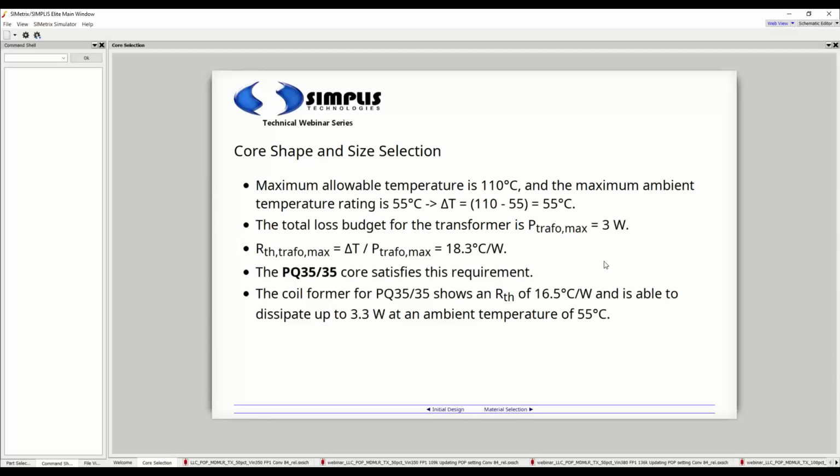Since the total loss budget for the transformer was 3 watts, we get a required thermal resistance of 18.3 degrees per watt, and this figure pointed to the PQ3535 core, which satisfies this requirement. The coil former for this core shows an Rth of 16.5 degrees per watt, and it's able to dissipate up to 3.3 watts at an ambient temperature of 55. So the core size and shape was selected mainly based on the thermal requirement.